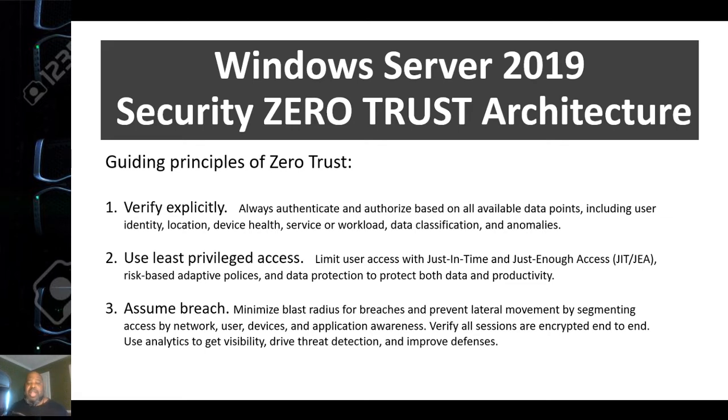Minimum blast radius for breaches, prevent lateral movement by segmenting access by network, user, device, and application awareness. Verify all sessions are encrypted end to end. Use analytics to get visibility, drive threat detection, and improve defense. There are so many ransomware attacks and hacks, so hopefully we are trying to get zero trust implemented to slow down some of these hackers and some of this ransomware.